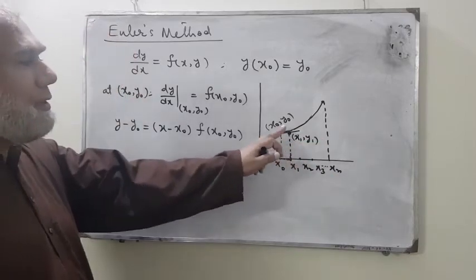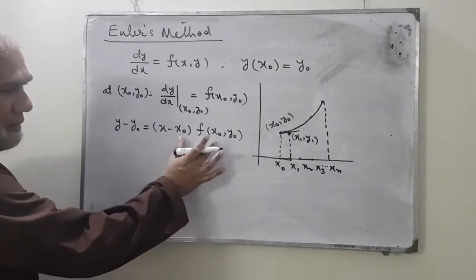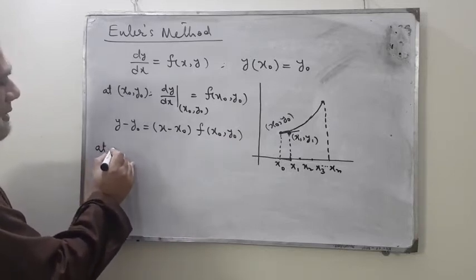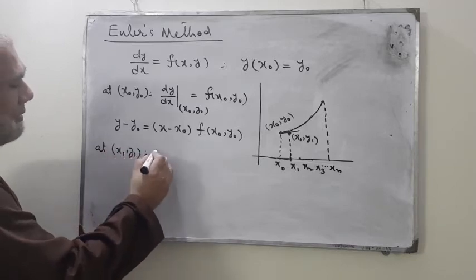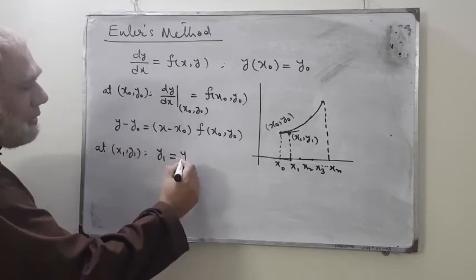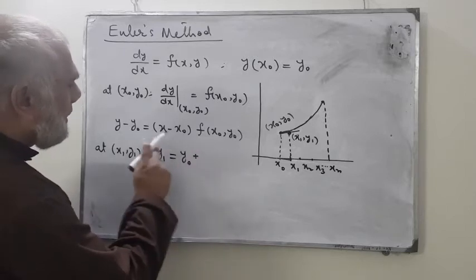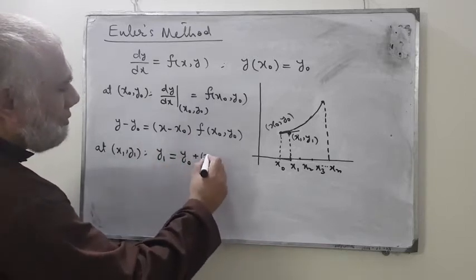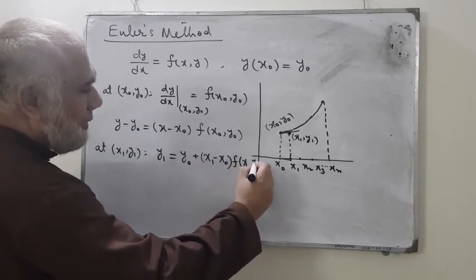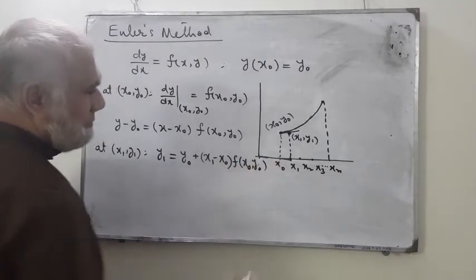So when this point lies on this tangent line, the equation changes. Here at the point x1, y1, we get y1 equals, if I transfer it to the right side, y0 plus (x1 minus x0) times f(x0, y0). So this is the condition we have so far.